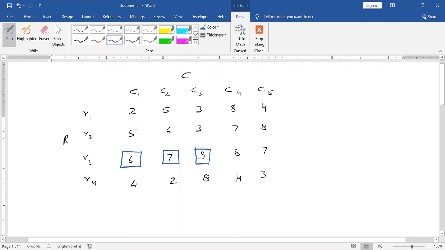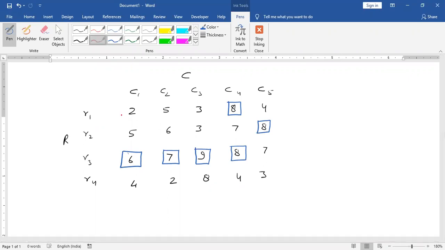In the fourth column, the maximum value is 8, and they are 2, 8, so I put a square on both values. And in the last column, the maximum value is 8. So column wise, I find the maximum value and draw a square on it.